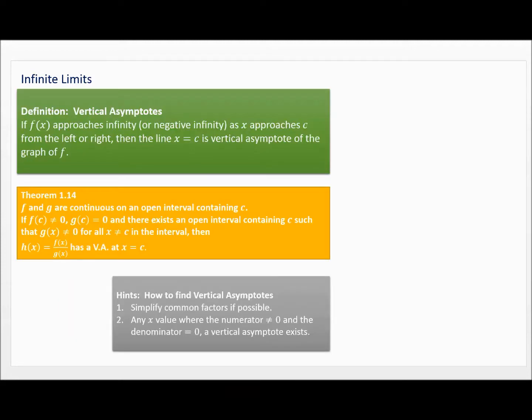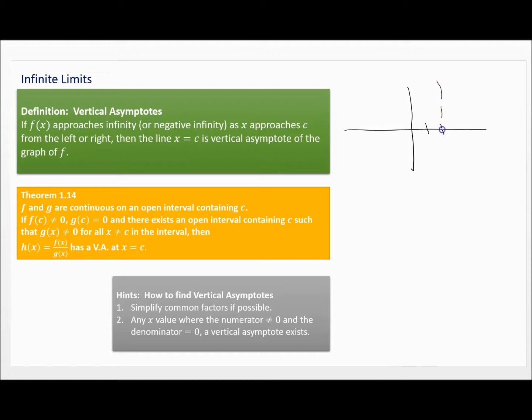All right, so I got a definition and then a theorem. The definition of vertical asymptotes, y'all know what these guys are, you've seen them before. If f of x approaches infinity or negative infinity as x approaches c from the left or the right, then the line x equals c is a vertical asymptote of the graph of f. Now we already know what those guys are.